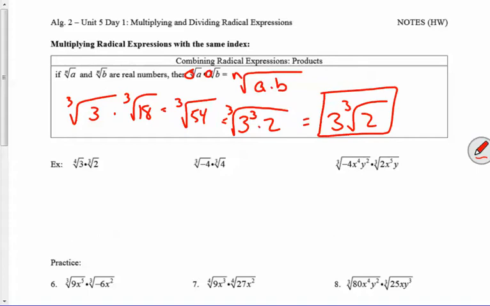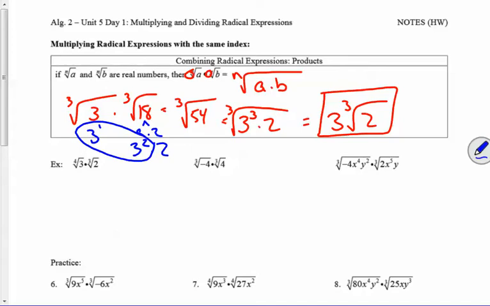Right? So we don't always necessarily need to multiply the numbers together. Sometimes it might be easier. What I'm looking for is 3 to the 3rd power, so realize that's 3 to the 1st, and this is 9 times 2, which is 3 squared times 2. So 3 times 3 squared gives me 3 to the 3rd, and then the 2 is left under.